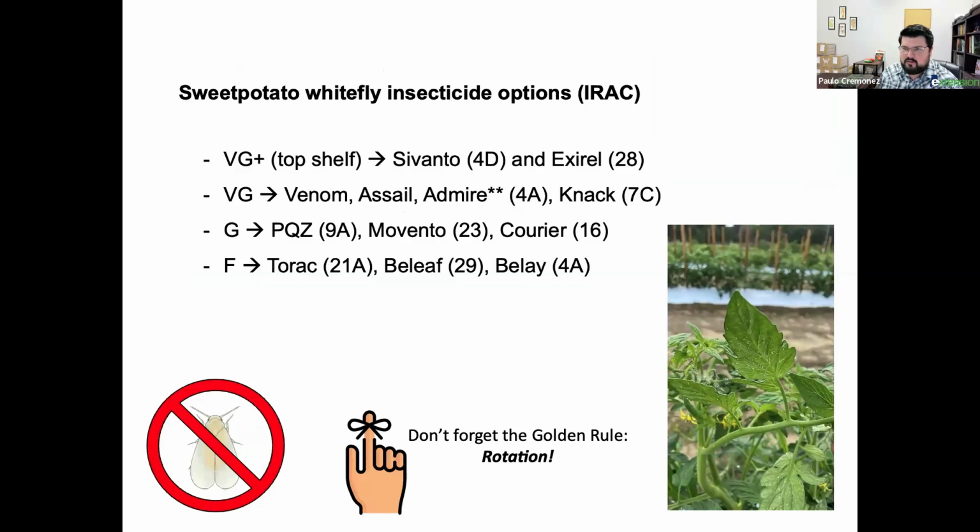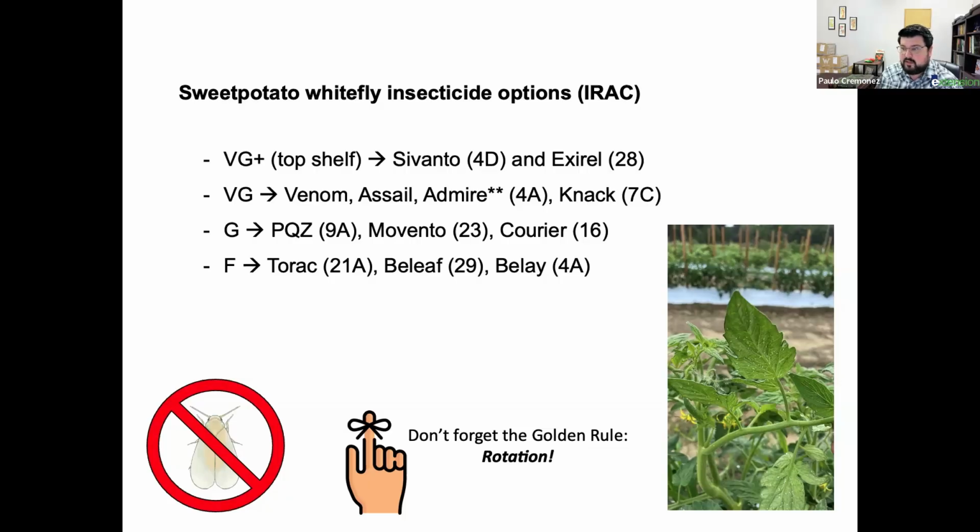So you have a very good plus option, which would be your top shelf option, which is using Sivanto, which is a neonic or a kind of neonic, and Exirel, which is a diamide. So far, they are the best options that you have for whiteflies.